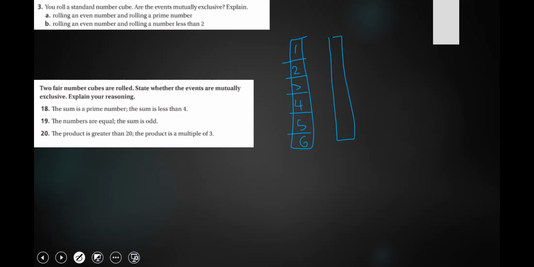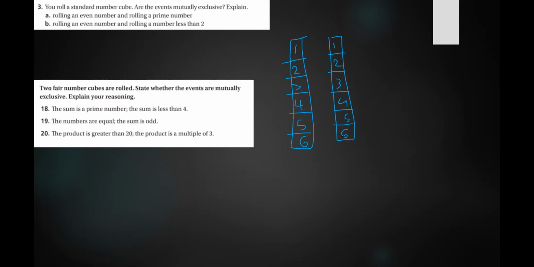The sum is a prime number and the sum is less than 4. Now think about it. Here we have the possible outcomes 1, 2, 3, 4, 5, and 6, and on the other cube I also have the same numbers, 1, 2, 3, 4, 5, and 6. Now I want the summation.